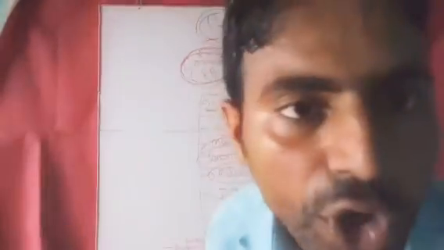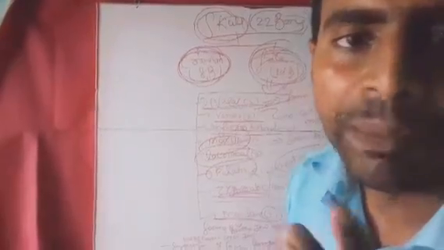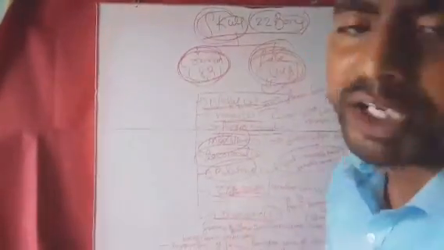Okay, next is the mandible. The mandible bone number is 1. Maxilla forms the upper jaw and mandible forms the lower jaw. Maxilla bone number is 2, but mandible bone number is 1.